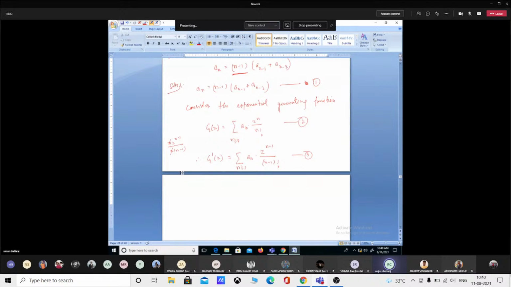By the way, next, once you have this, now put the value of a_n. So this implies g dash z is equal to how much? a_n is equal to (n minus 1) a_{n-1} plus a_{n-4}, this into this.